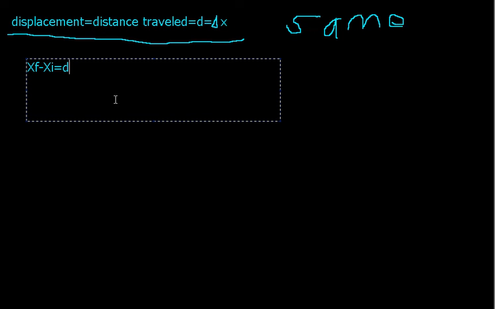What that really means is, if I end up at the 50-yard line, and I started at, say, the 20-yard line, so final position is 50, initial position was 20, well then I traveled 30 yards. So that should make sense. It's just how far you traveled.